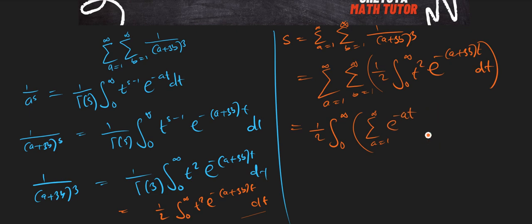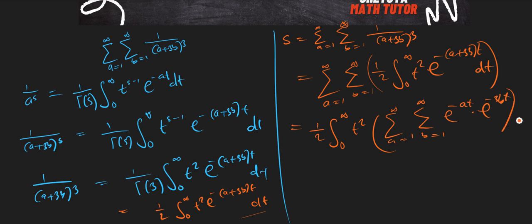For viewers, so that you don't get lost with my argument, here we have the integral from 0 to infinity of t squared times the double sum, as a runs from 1 to infinity and b runs from 1 to infinity, of e to the negative (a plus 3b) t, which you can write as e to the negative at times e to the negative 3bt, and then dt.